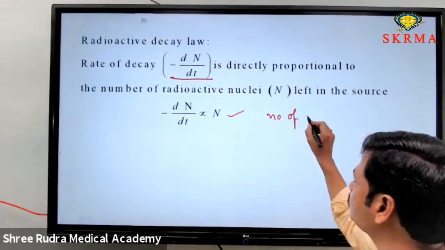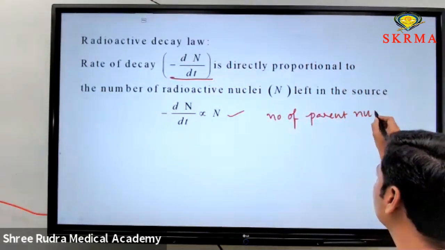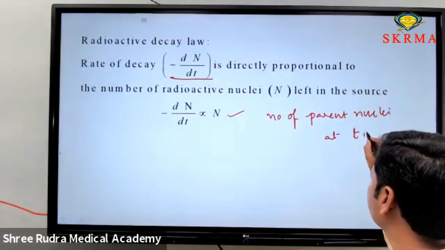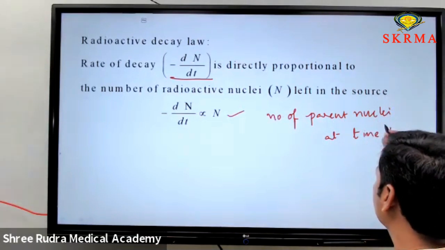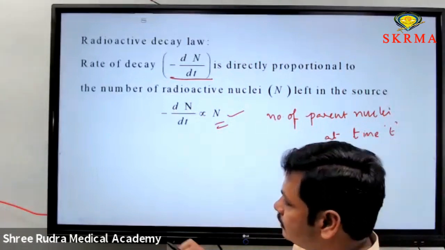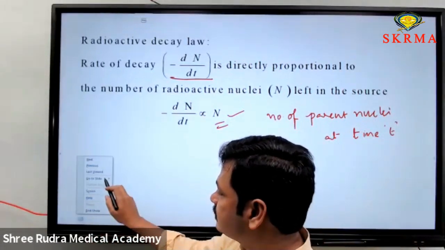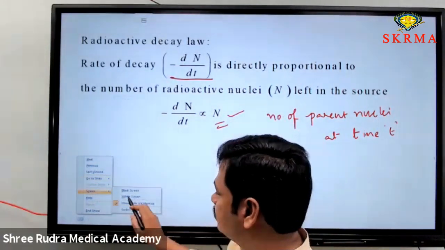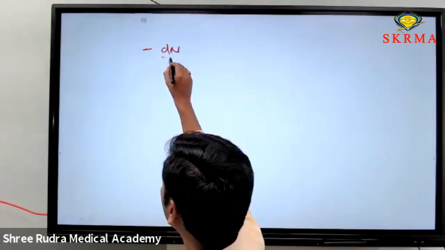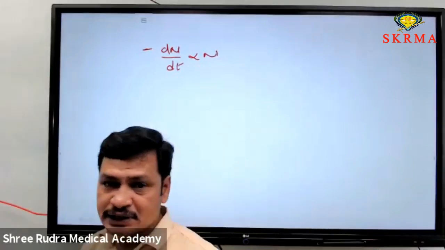N is the number of parent nuclei at a time t. That is what N represents here. From this, you can write minus dN by dt is proportional to N. This is the basic decay law.